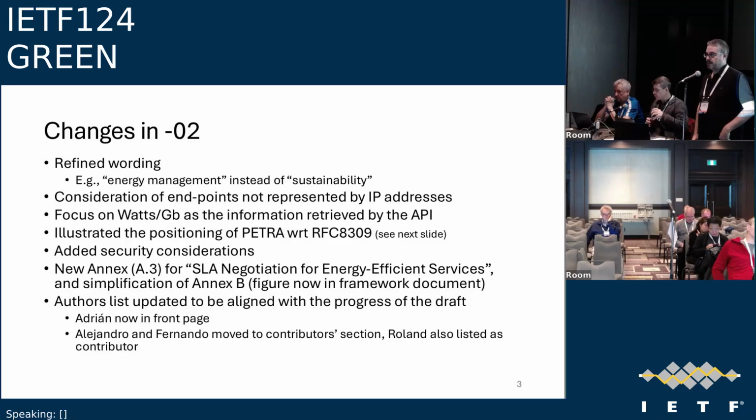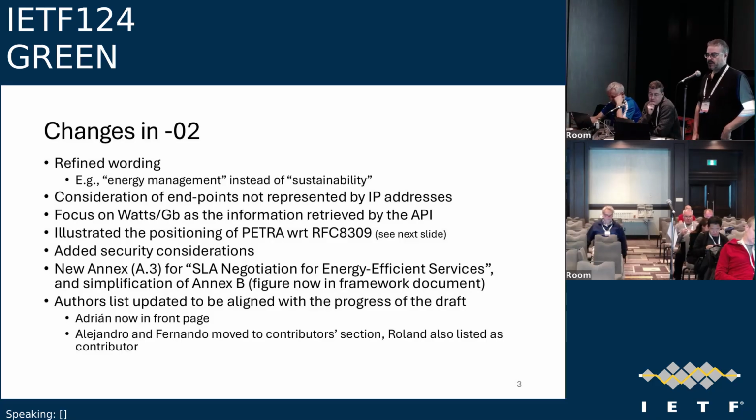This could be the case of optical networks, for instance, or other communication constructs like network slices. So there could be other services that are not identified only by IP addresses or not at all by IP addresses, and we want to cover them. We focus on watts per gigabit as the information being retrieved by the API. So again, focusing on the energy consumption.